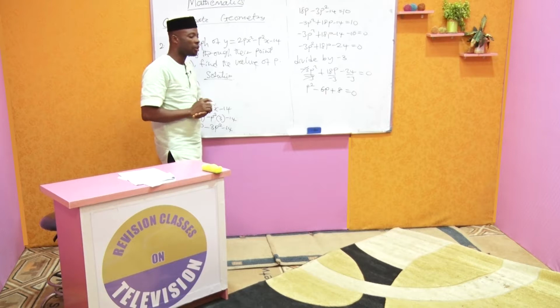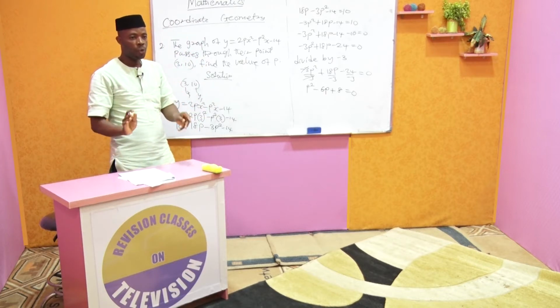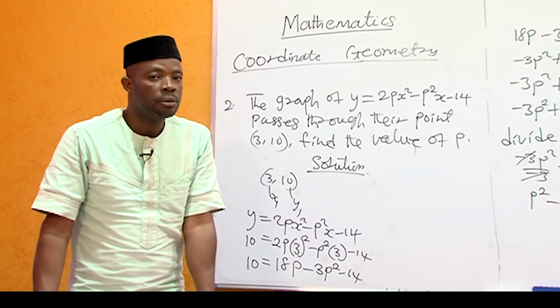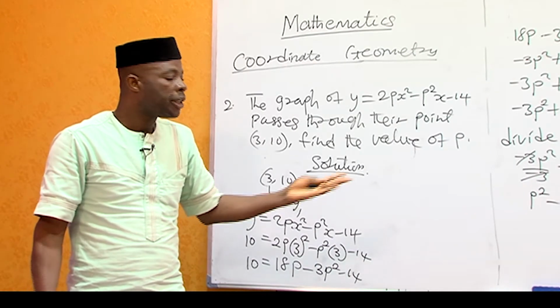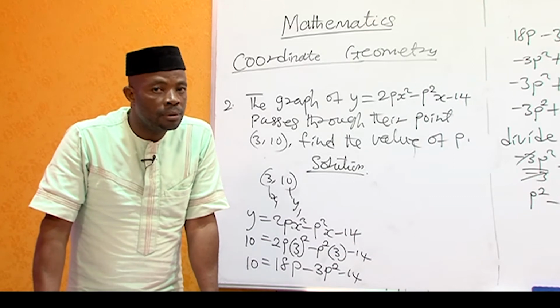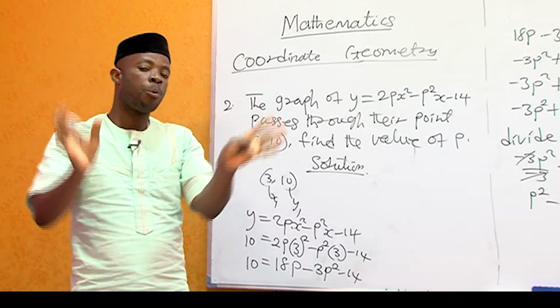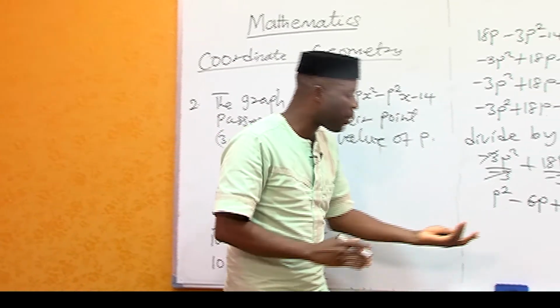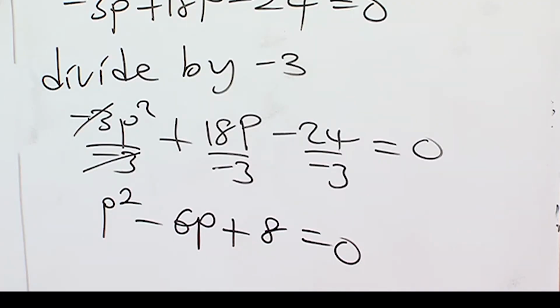In quadratic equations, we have three methods of solving: the completing the square method, the factorization method, or the general formula called the almighty formula. But because of time, we are going to use the factorization method.